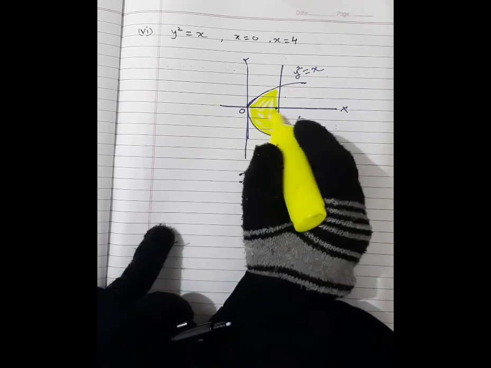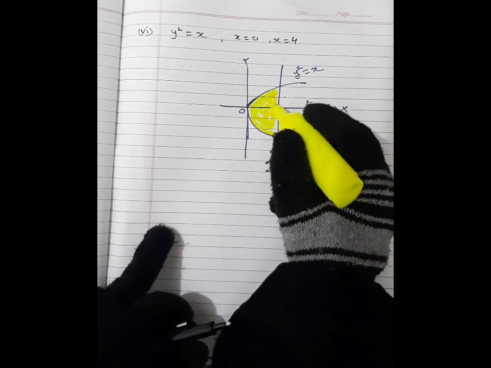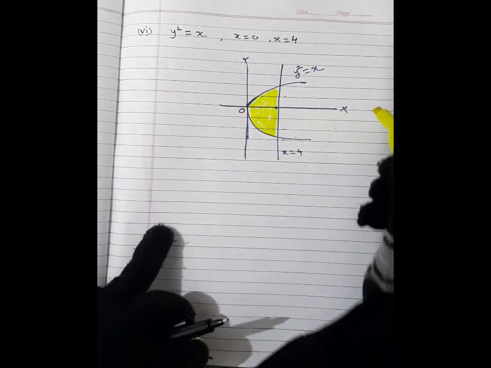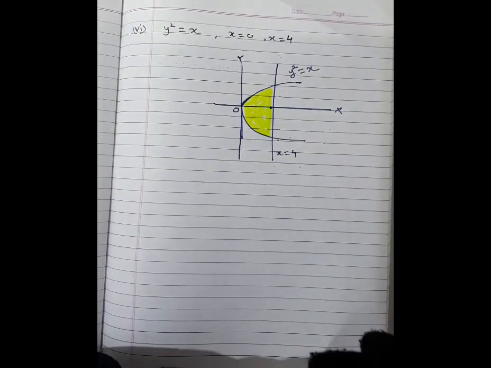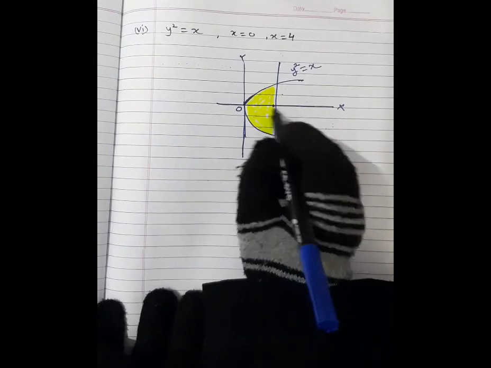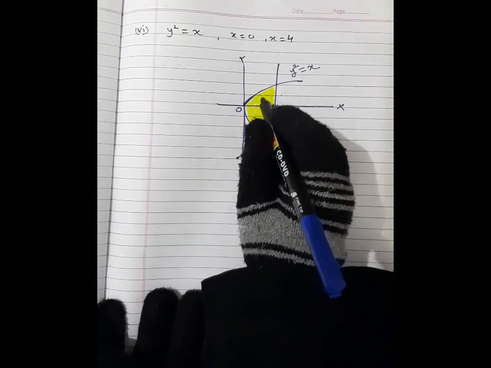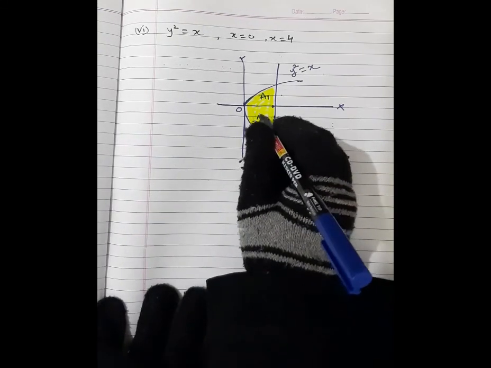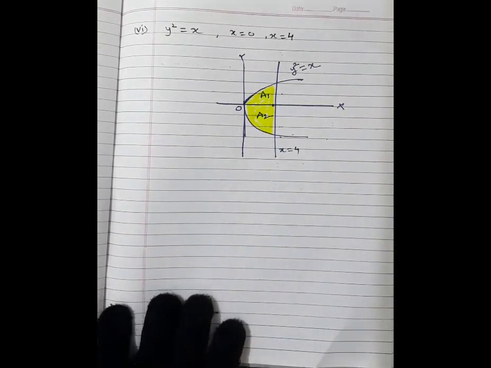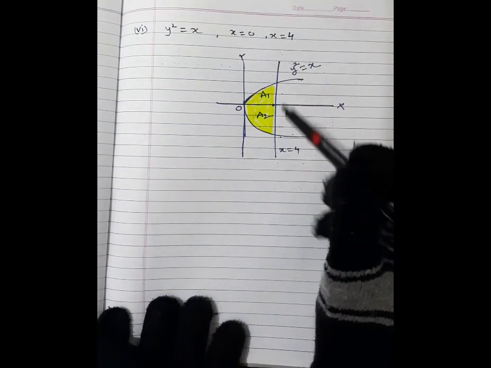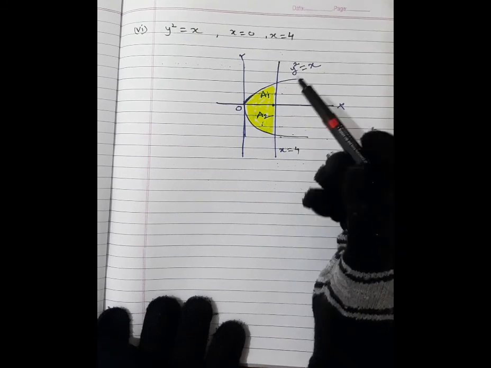So here, students, two parts are coming. See, this is our x-axis and two lines. Suppose here one part is the upper part. This is considered the first area A1 and this is the second area A2. In this parabola and line there are two parts.